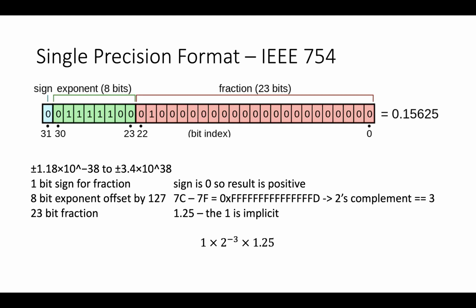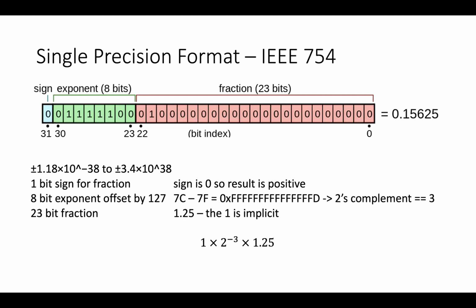I'm still confused about the exponent portion with the 7C and the 7F. I somewhat understand the F's filling up that address, but I still don't really understand it. Okay. So the exponent doesn't have its own sign bit.